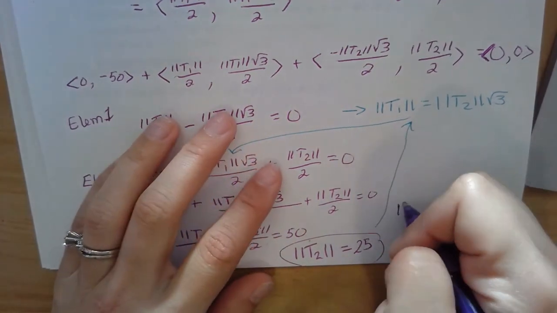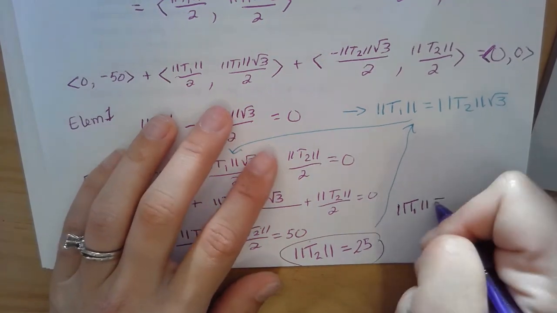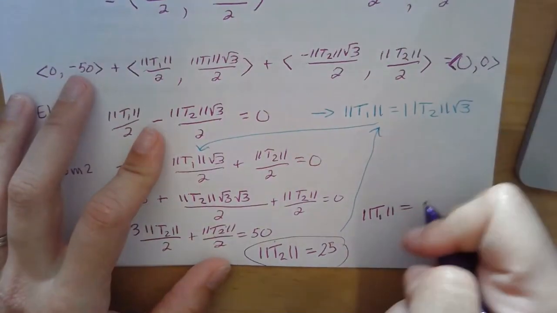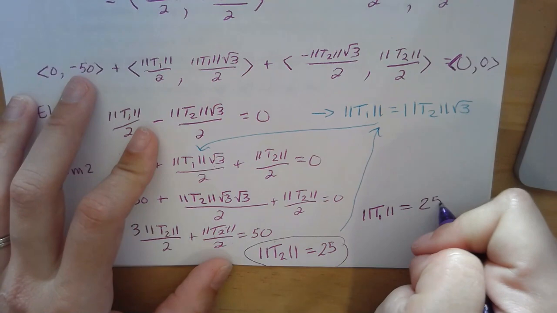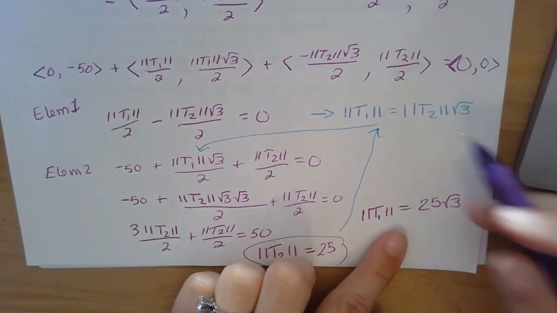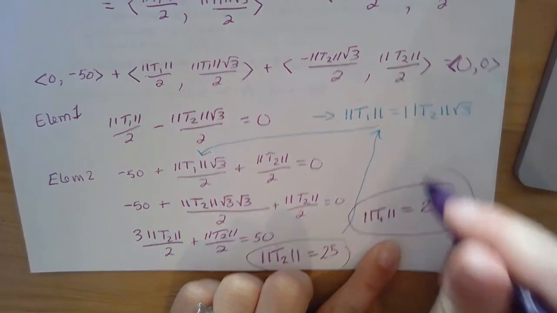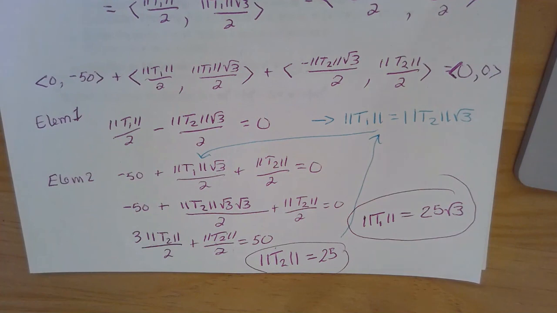Well, tension 1 equals tension 2, which we know is 25, times the square root of 3, right? Because we just plugged it in here. Now there's nothing else we can simplify, and we are done. We don't need to have any units right now, just for the fact that we don't know what they want for units, so it's okay just to keep it as is. All right, and we're done.